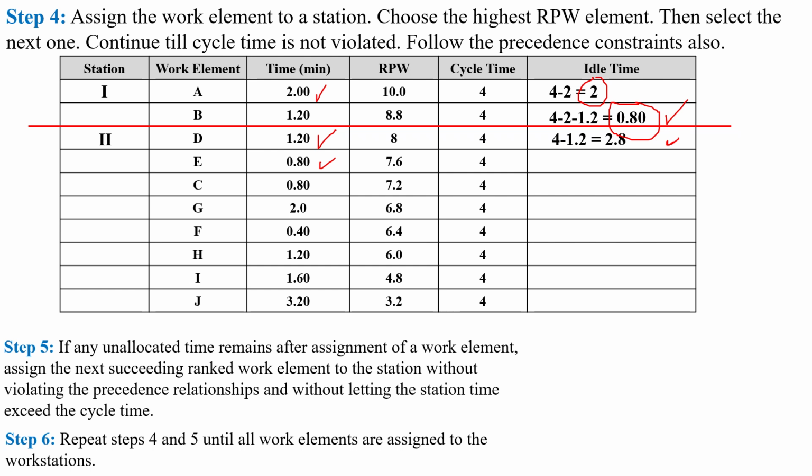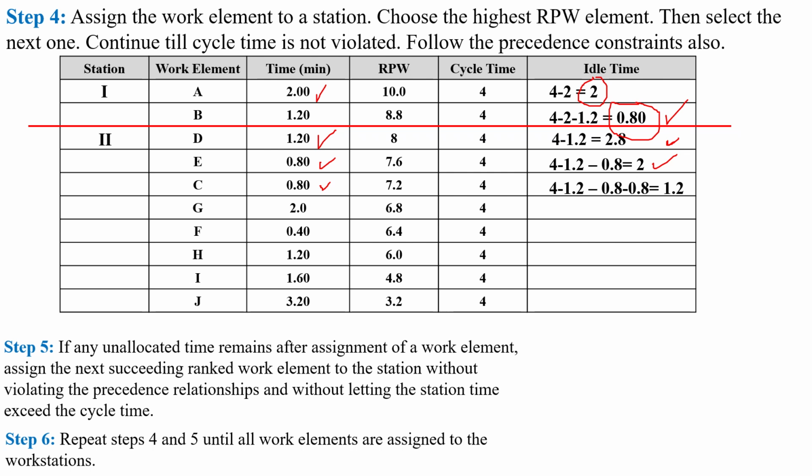Then the idle time after adding E in the second station is 4 minus 1.2 minus 0.8, which is 2. The next work element is C, and its processing time is 0.8 and the available time is 2. So we can add work element C in the second workstation. And the idle time after adding C in the second station is 4 minus 1.2 minus 0.8 minus 0.8.